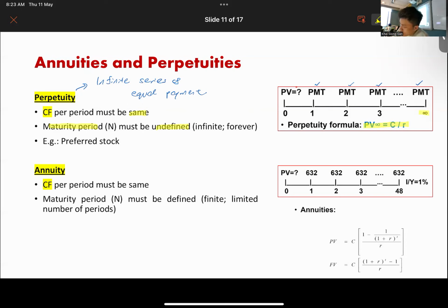Now, on the other hand, we have annuity. When we talk about annuity here, we are saying that there is a finite series of equal payments. Again, you must remember that the payment must be equal, the same. The cash flow must be the same. A finite series of equal payments happens during regular intervals until a specific amount of time.